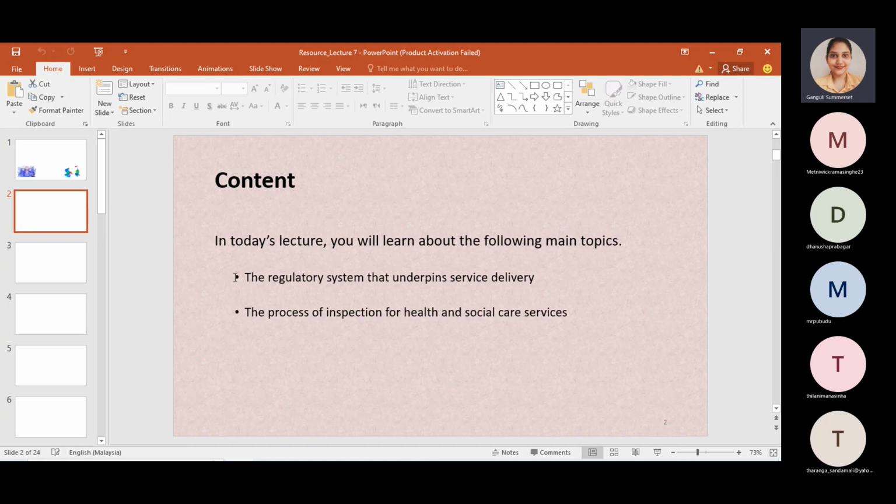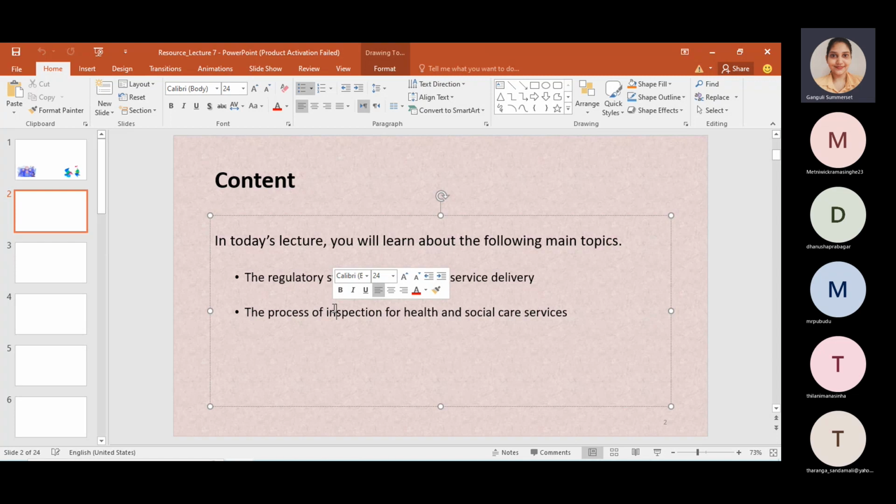Today in this lecture, you will learn about two main topics: the regulatory system that underpins the service delivery, and the process of inspection for health and social care services. Under each of these main topics, there will be several subtopics that we are going to discuss.